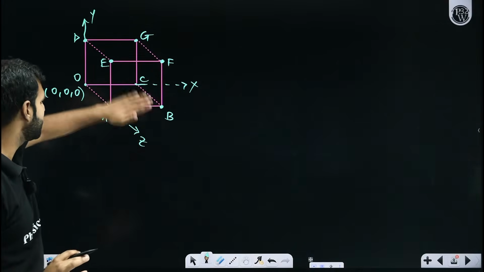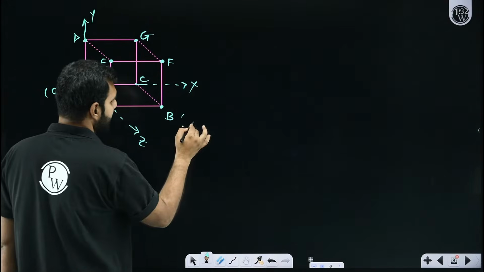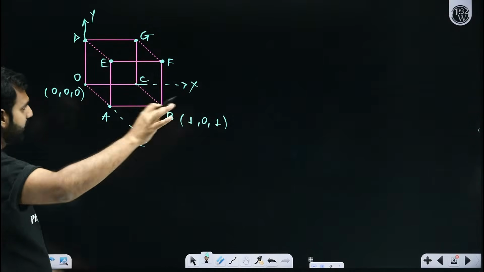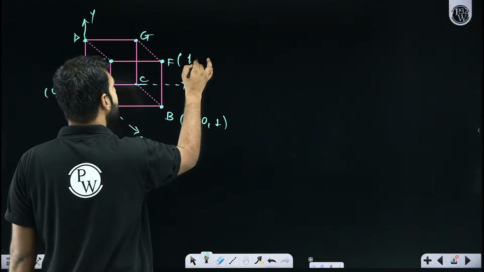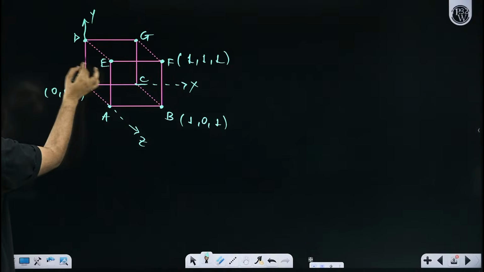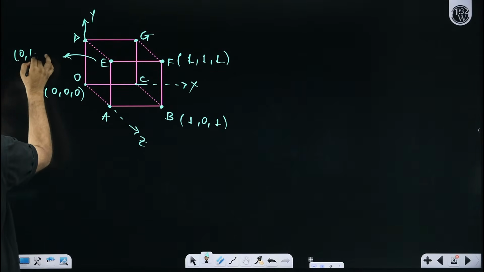I hope you can figure out all the points as well. For example, this is lying in the XZ plane, so it is 1, 0, 1. F in 3D will have coordinates 1, 1, 1. E is in the ZY plane, so coordinates of E will be 0, 1, 1.